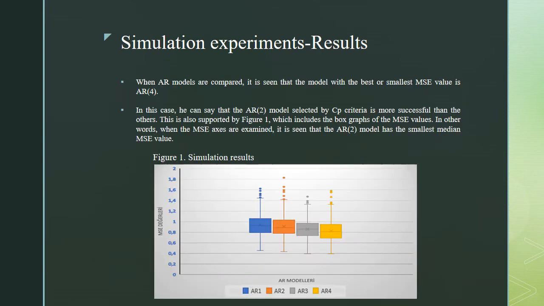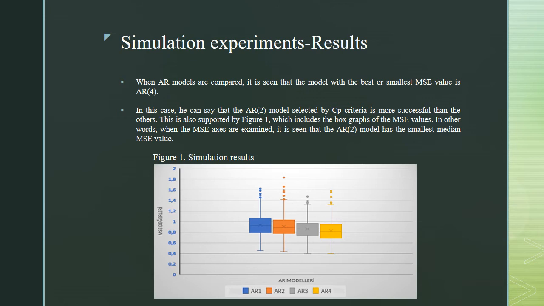Simulation experimental results. When the AR models are compared, it is seen that the model with the best or smallest mean square error value is AR4. In this case, we can say that the AR2 model selected by the CP criterion is more successful than the others.